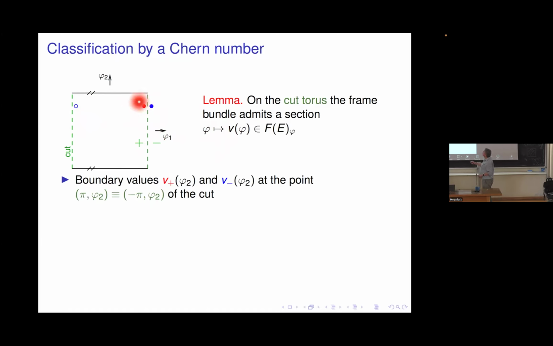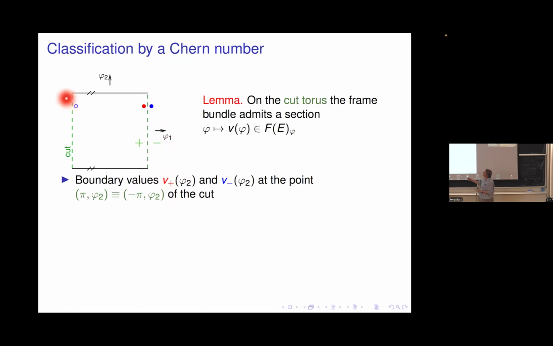And so what you now get is this. If you go to this rim of the cut, particularly to this point, in the fiber above that point you have a basis because you come from this side. That shall be called the basis, the frame P plus at height phi P. It's just one coordinate because the phi 1 coordinate is fixed.